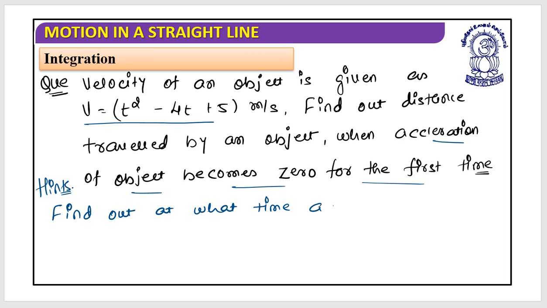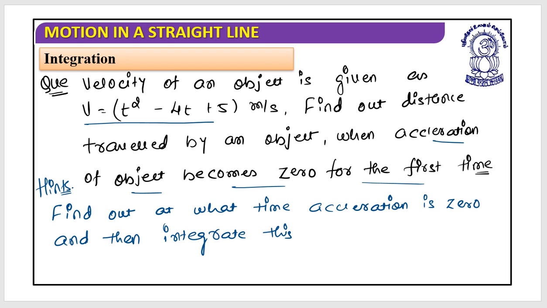Find out at what time acceleration is 0, and then integrate this to find the distance traveled. Do you get this? Yes, or shall I help you with something more?